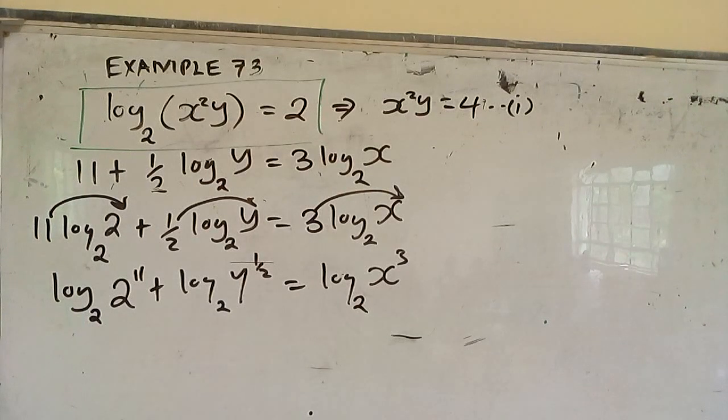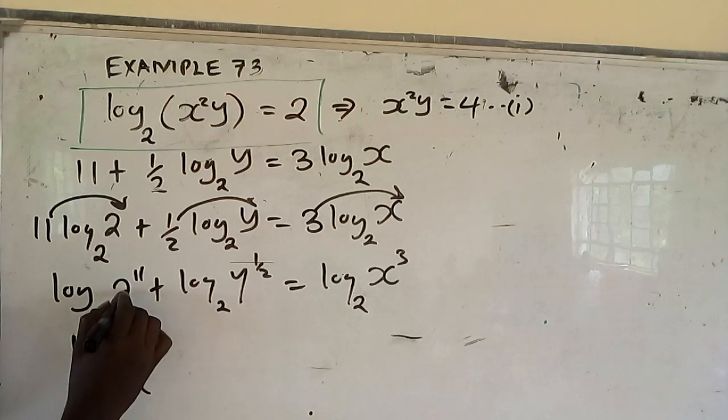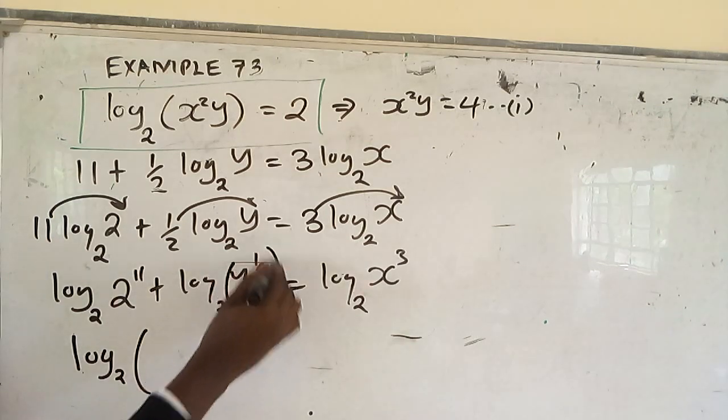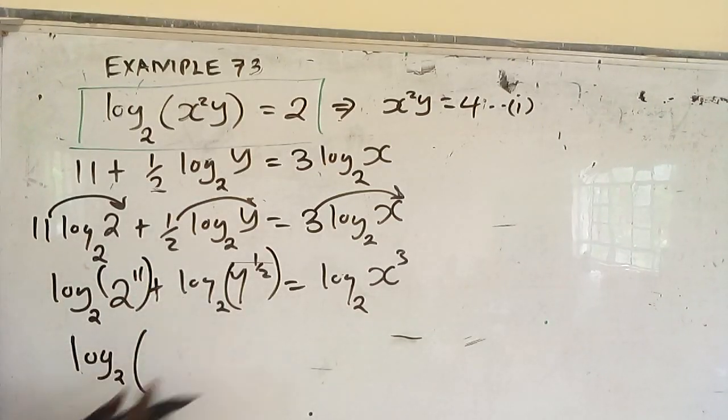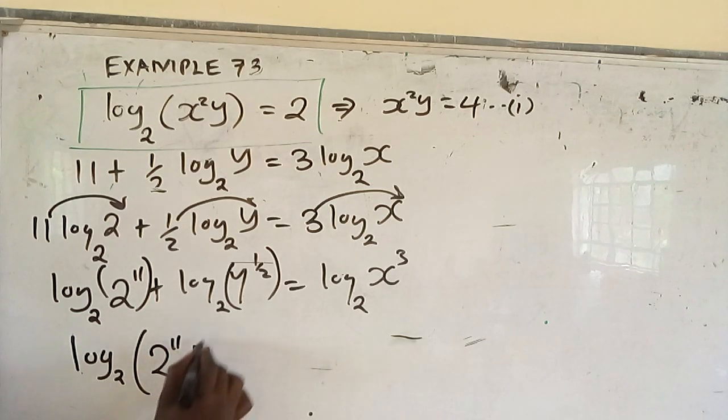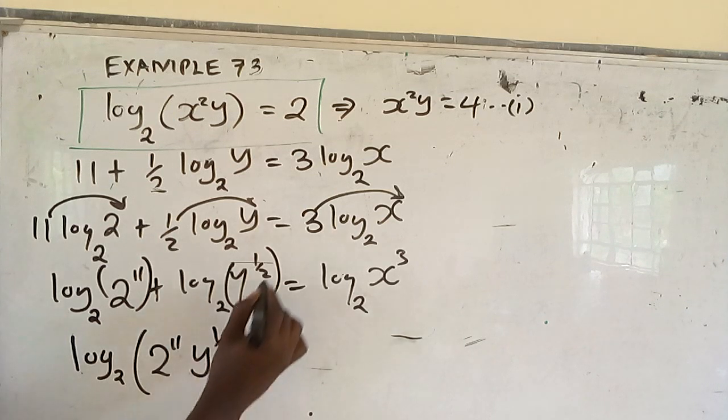Then the next step, you want one term on either side of the equation. So that will be log to base 2. If you factorize log to base 2 outside here, you remain with 2 raised to power 11 times, because addition goes to multiplication, y raised to power a half.